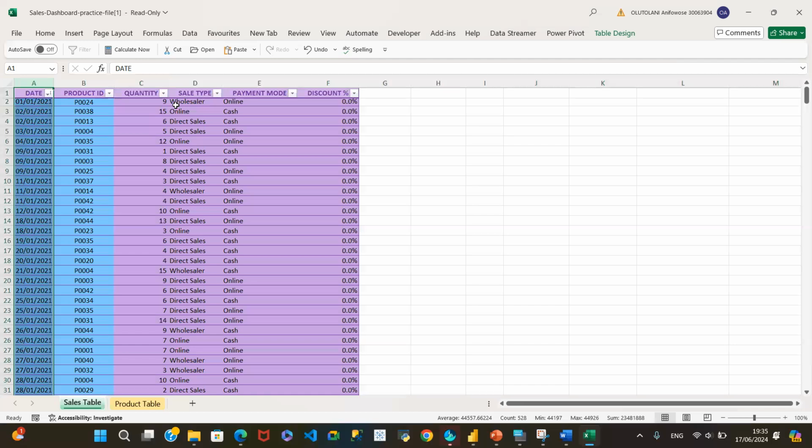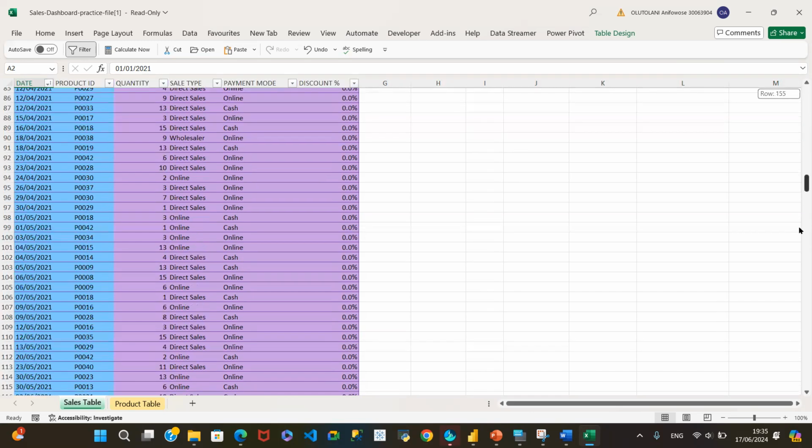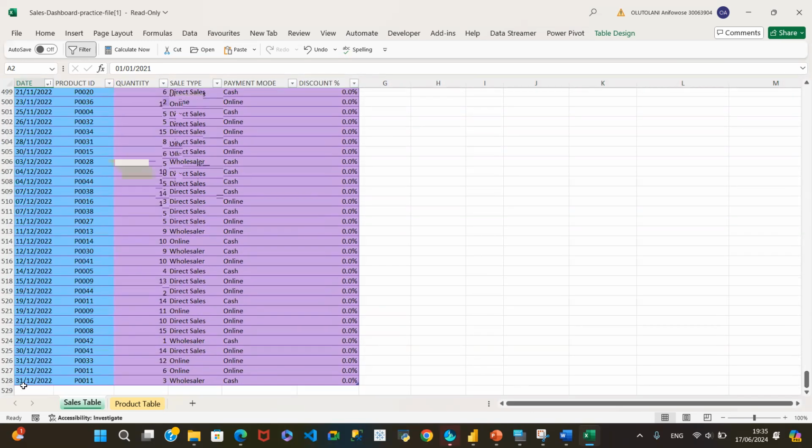Now, like Mr. Jide said, from this fact table, we can decide to create different dimension tables. For example, we need a date table. If we want to create a date table, I can see that I need a date table that will capture just dates from 1st of January to the end of this data, which is 31st December 2022.